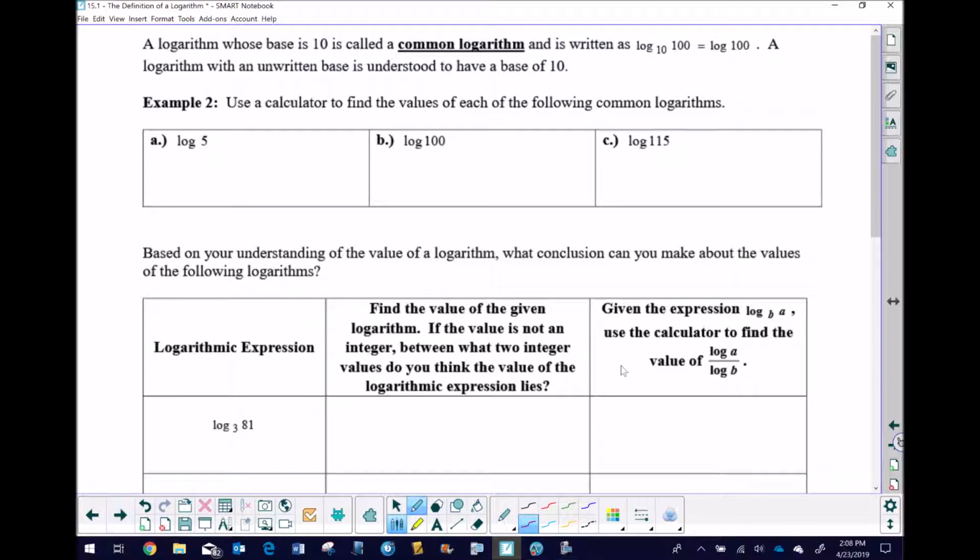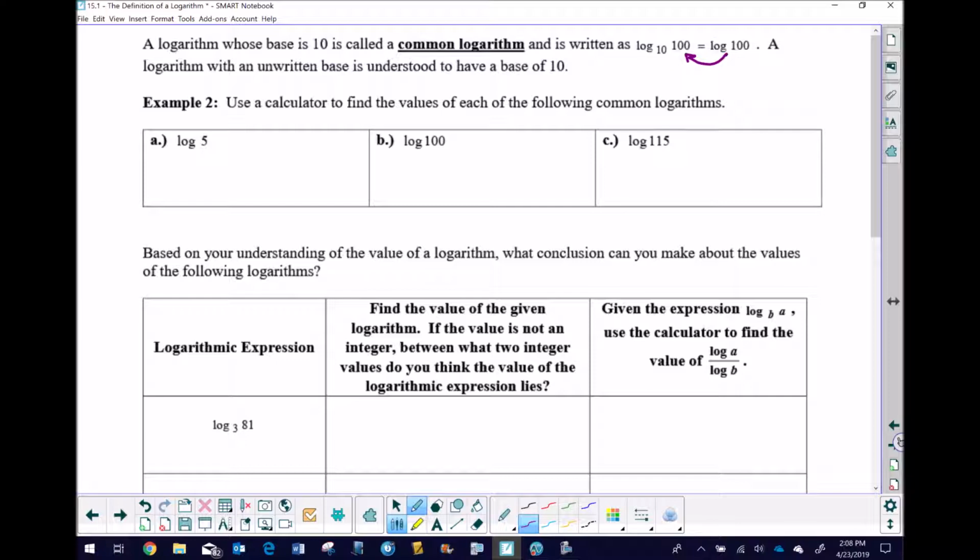So if you ever see a log without a base, like log 100, we will assume that that's the same as the log base 10. It's not wrong if you wrote the log base 10. It really isn't. But I just want you to be prepared. If you don't see a base, you assume it to be a 10.